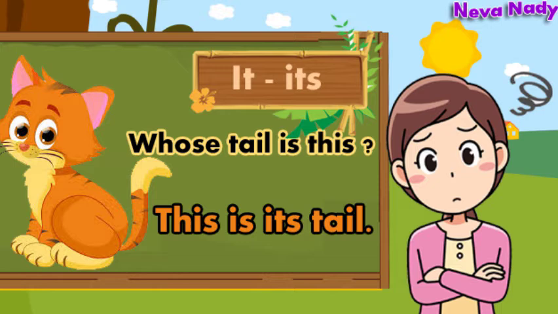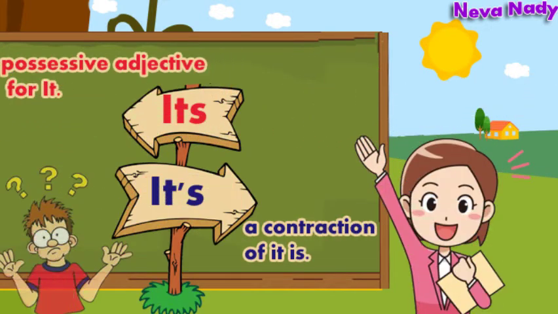Its here refers to the cat. Be careful not to confuse its and it's. A very common error is putting an apostrophe in its. Its is the possessive adjective for the subject it. It's is a contraction of it is.